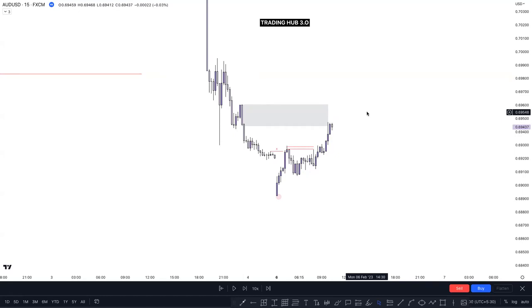But if you are using H1 as a higher time frame, then you can use 5 minute for entry, and if you are using 4 hour as a higher time frame, then you can use 15 minute as an entry time frame, right? So it depends on you, which time frame is suitable for you.